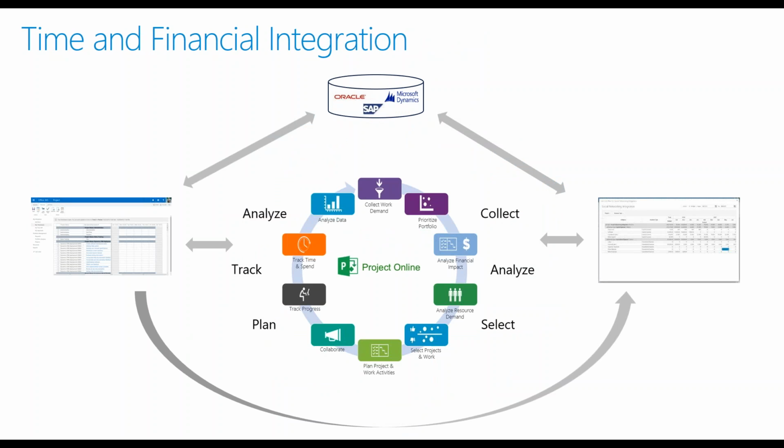Now if we take this and we look at this from a time and financial integration perspective, these are components that need to be managed and sometimes enhanced depending on the nature of your internal business process to get the results that we're looking for.